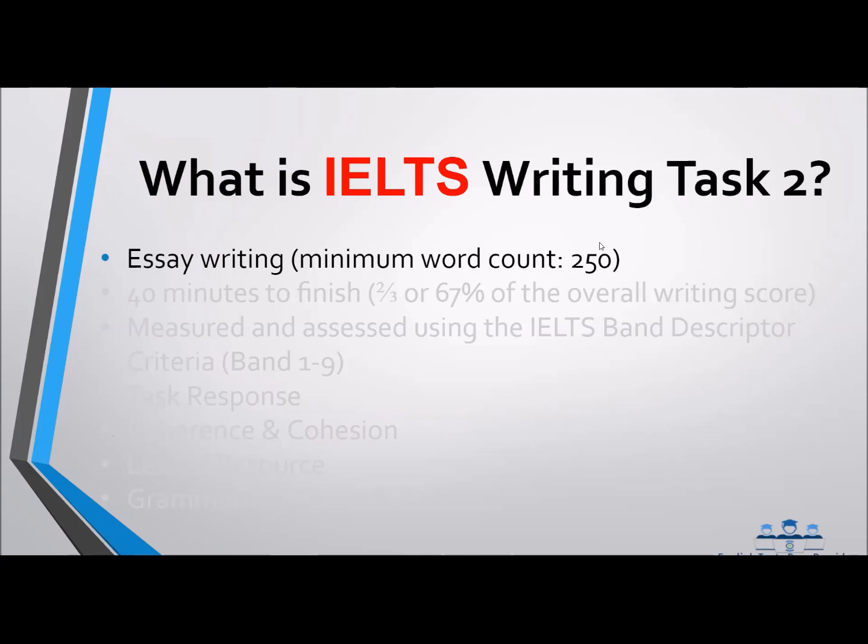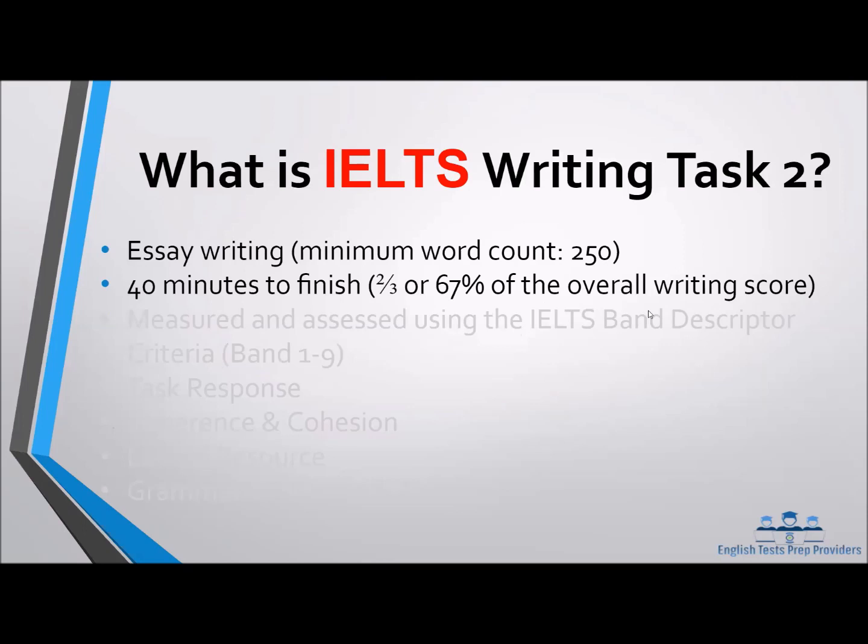IELTS essay writing has a minimum word count of 250 words. Overall, the timer for the IELTS writing task is 1 hour. You have 1 hour to finish that. So 40 minutes should be given for task 2, which is the essay writing.